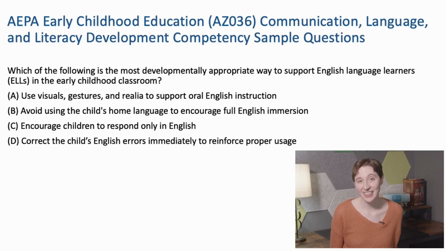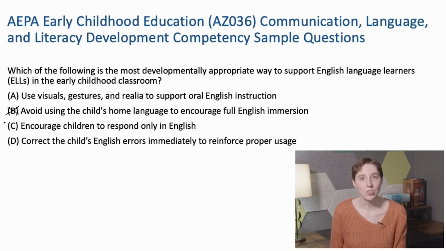To answer this question, you'll need to think like a teacher. Keep in mind that communication is your top priority. You want students to be able to come to you and feel understood no matter where they are in the English language learning journey. That means we can eliminate most of these options right away because they block communication and understanding rather than encouraging it. For example, avoiding the home language can harm identity development and language transfer.